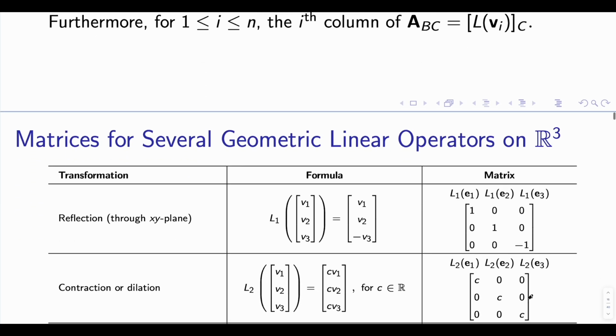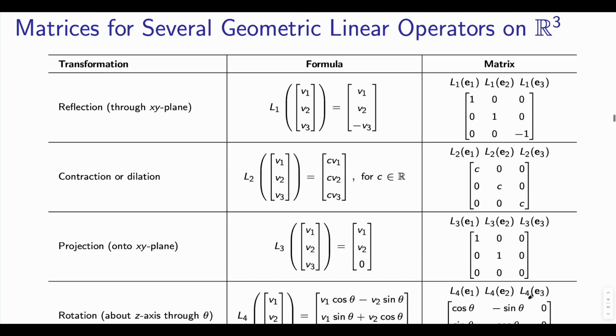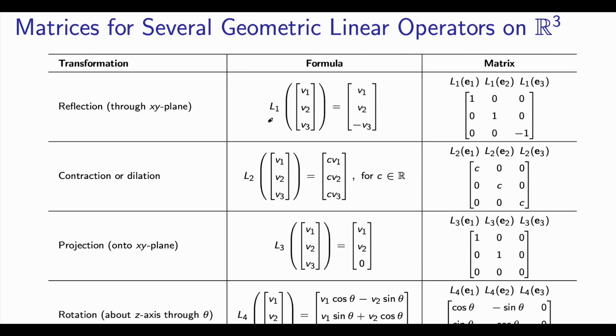So here you can see several such matrices. L operated on v1, v2, v3 is going to be v1, v2 minus v3, and then the transformation matrix. The important point here is that we are finding A_BB, which means B is a standard basis.